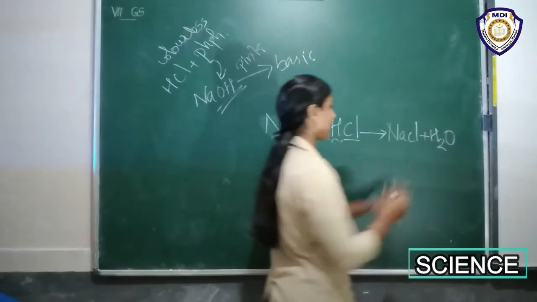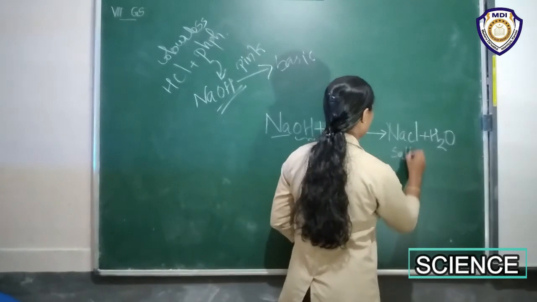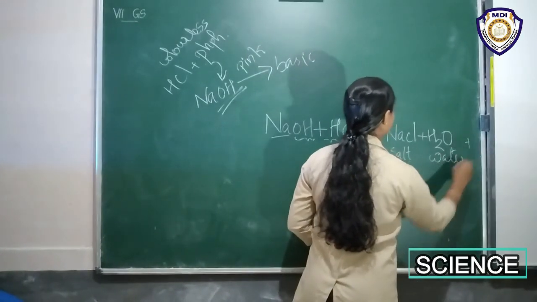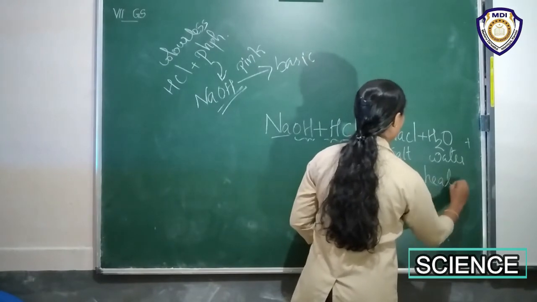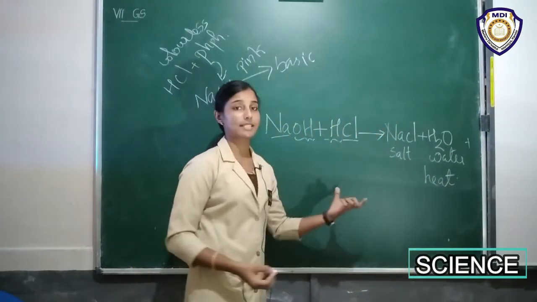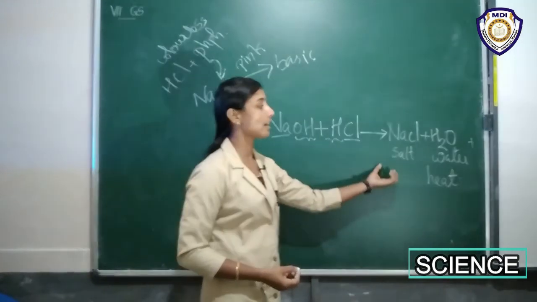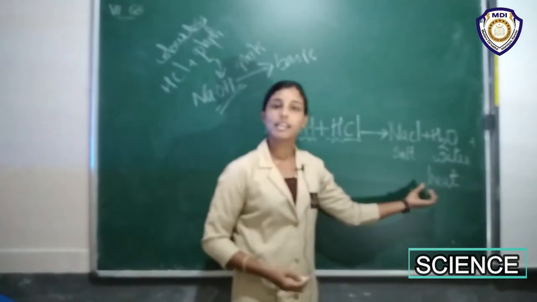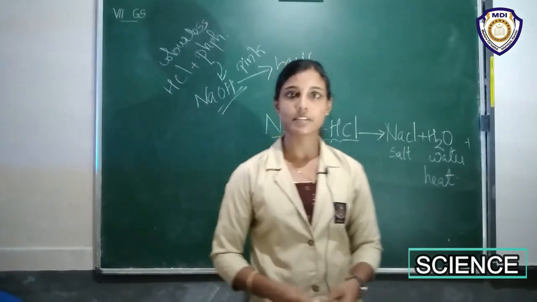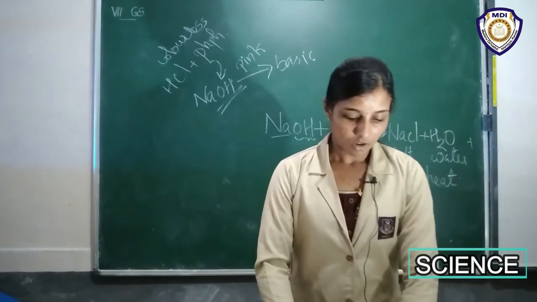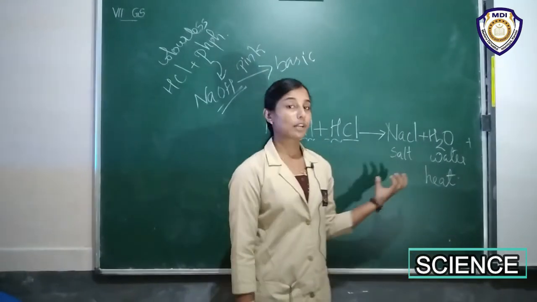So NaCl is the salt, here it is water, and along with this heat is evolved. Acid and bases combine together to form salt and water, along with the evolution of heat. That is a neutralization reaction. So that is an example of a neutralization reaction.